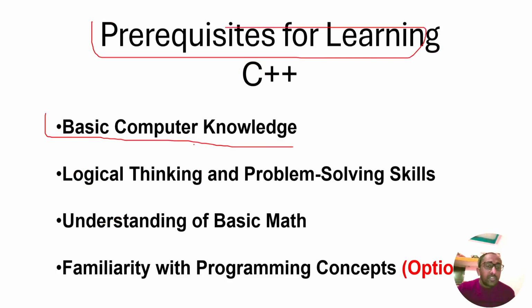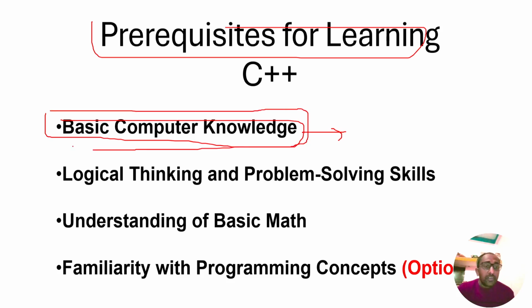The first one, you must know basic computer knowledge: how to run the computer, how to save files, and how to install software. Because when we start to learn the C language, there are some additional tools we must know how to install on our PC, like GCC compilers, the translators.